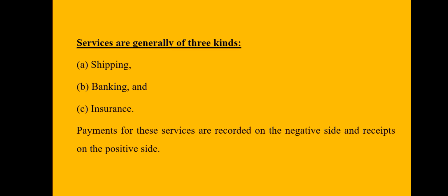Services are generally of three types. They are shipping services, banking services, and insurance services. First one, shipping services. Shipping services include shipping through air, shipping through land, and shipping through ships.